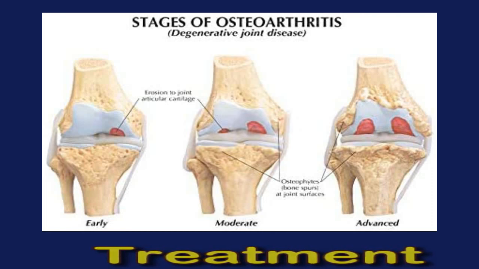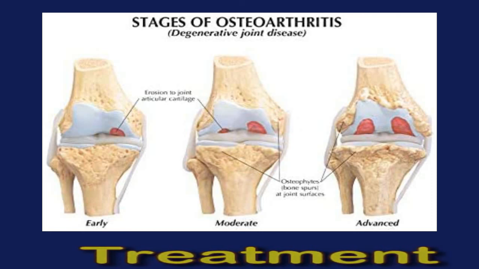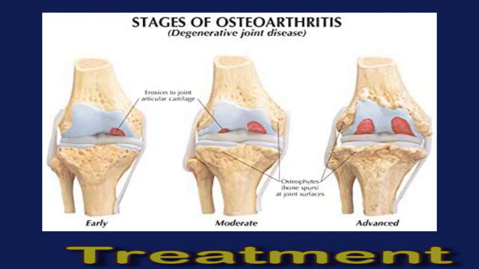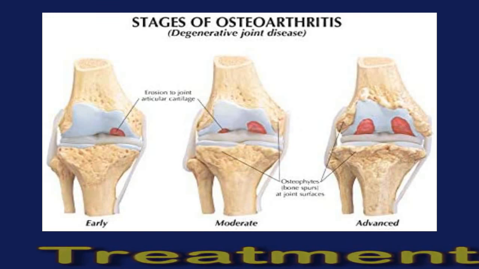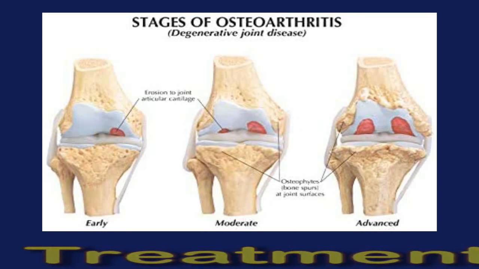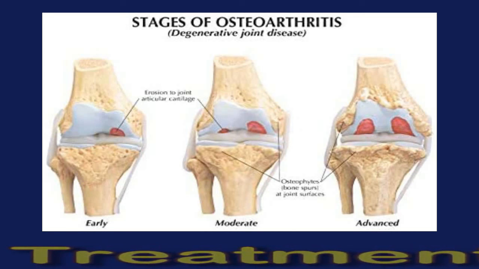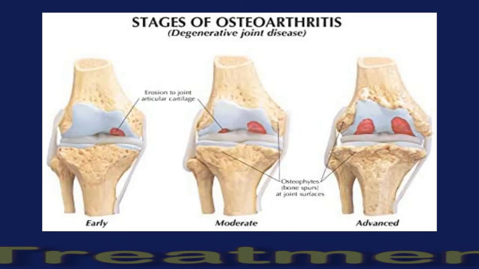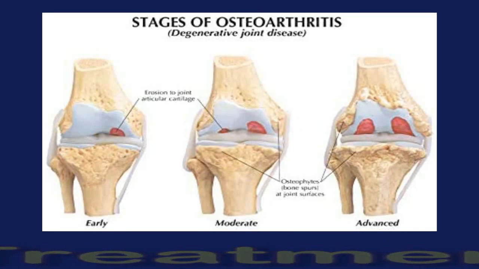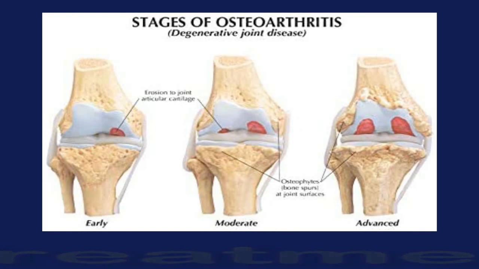If a doctor recommends surgery for tricompartmental osteoarthritis, this often involves a total knee replacement, or total knee arthroplasty. In this surgery, doctors replace the damaged bone and joint with a plastic and metal joint. It can take several months to recover from total knee arthroplasty. Regular physical therapy sessions will help strengthen the legs and allow a person to walk normally again.